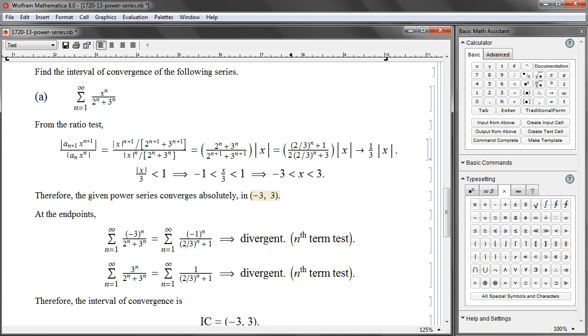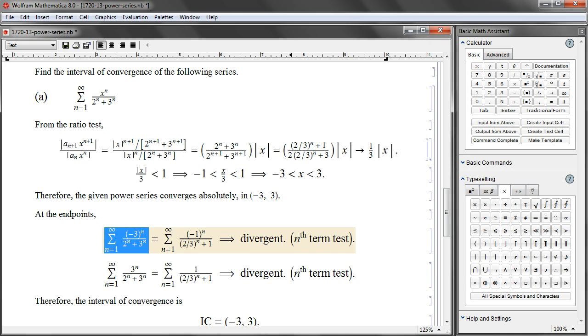And now, outside, or rather, in the exterior of this interval, we have divergence. At the endpoints, at x equal to -3 and at x equal to 3, the ratio test does not apply, so we have to use some alternative method manually. Plug in x equal to -3, and we have this numerical series.